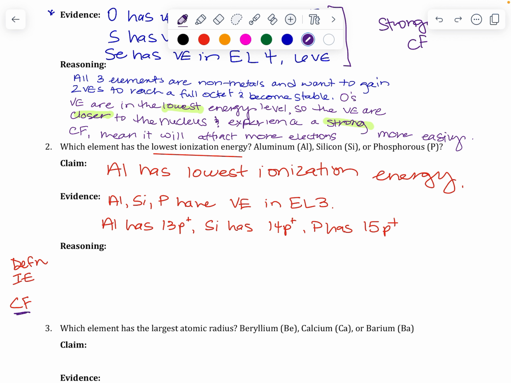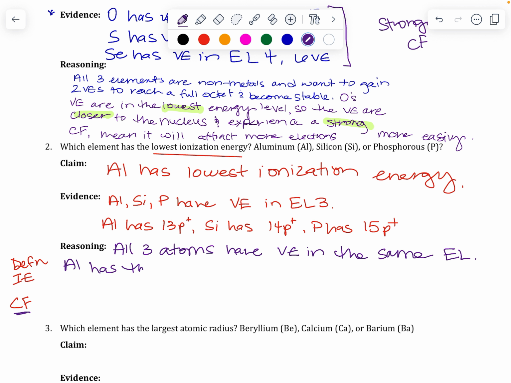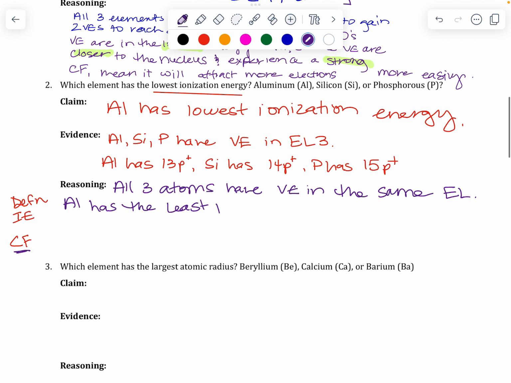So for my reasoning, I'm going to be talking about aluminum, what's different. I'm going to say all three elements, actually atoms, have valence electrons in the same energy level. And then I'm going to say aluminum has the least protons.